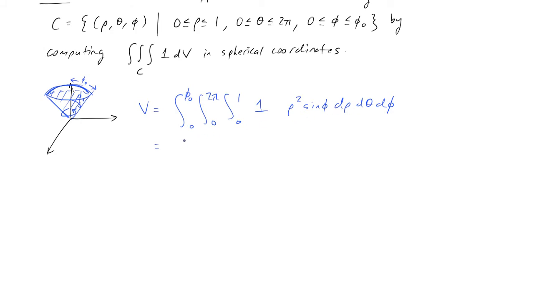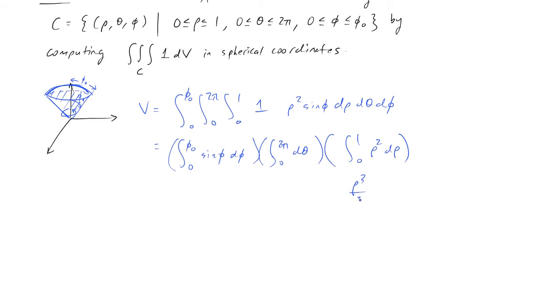Okay, so once again we split this. So we'll have 0 to phi naught sine phi d phi, 0 to 2 pi d theta, and 0 to 1 rho squared d rho.